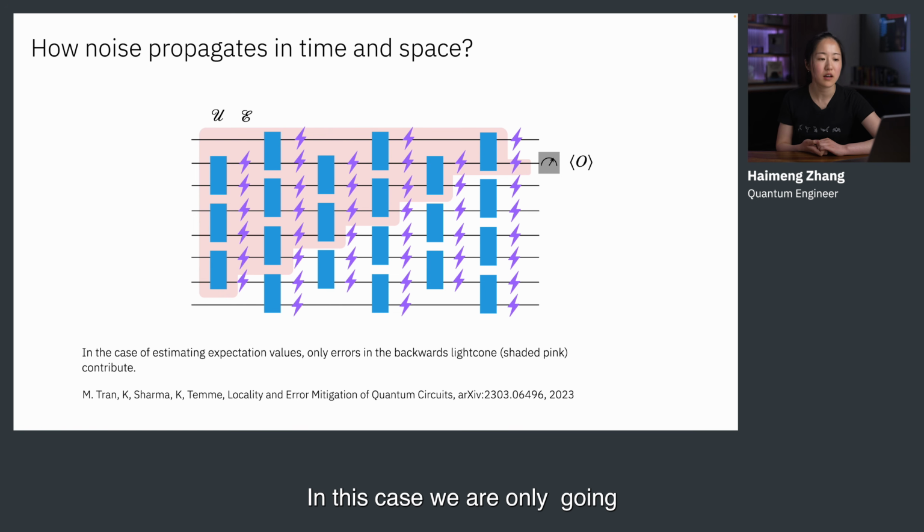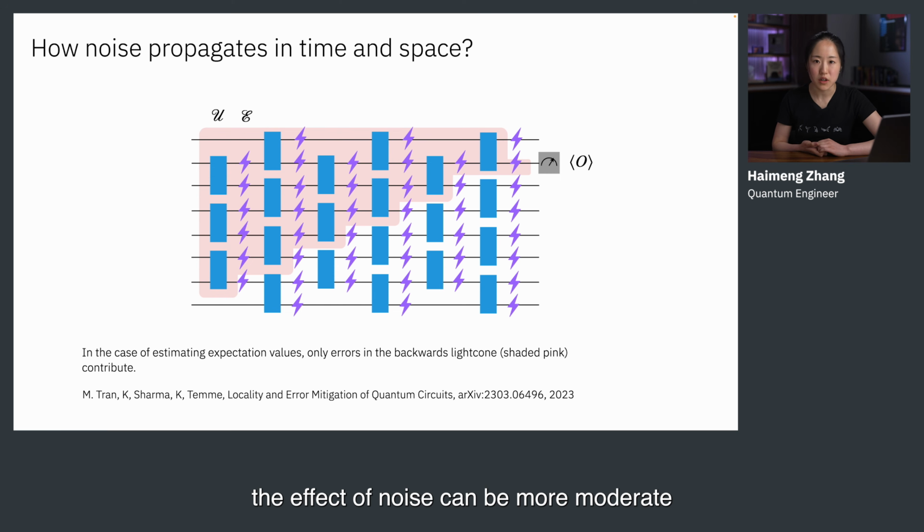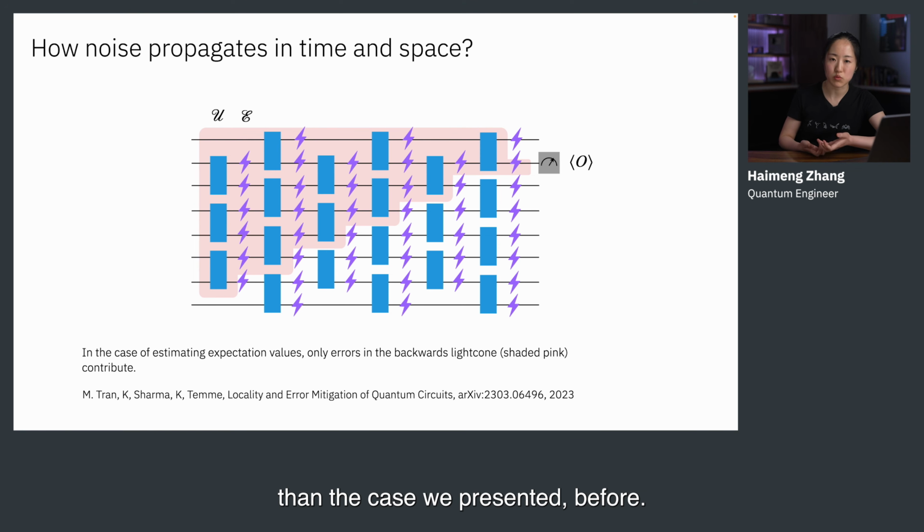In this case, we are only going to measure an observable on a single qubit. Our understanding here is that the effect of noise can be more moderate than the case we presented before.